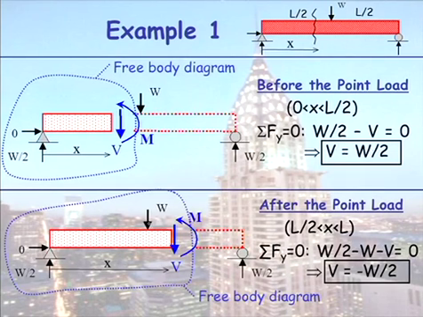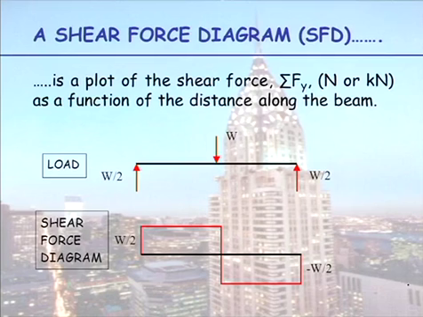When I look at my shear force value after the point load, between L on 2 and L, it has a constant negative shear force value. So my shear force diagram looks like so. It has a constant value between 0 and L on 2, and it has the negative value between L on 2 and L.